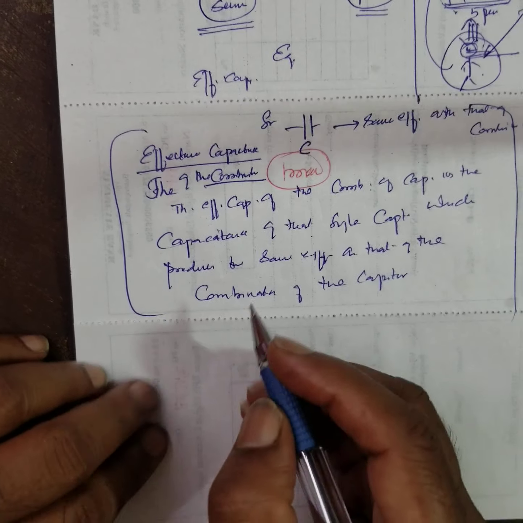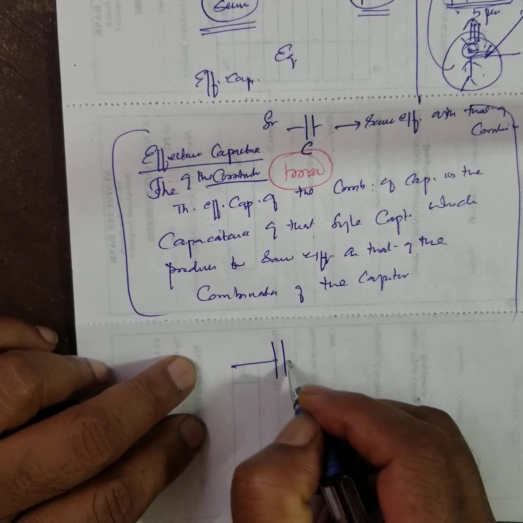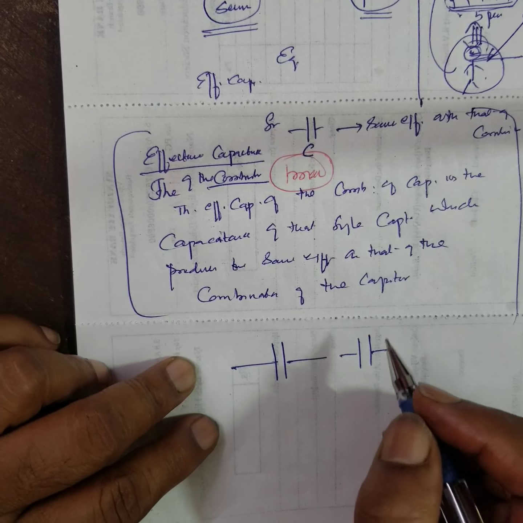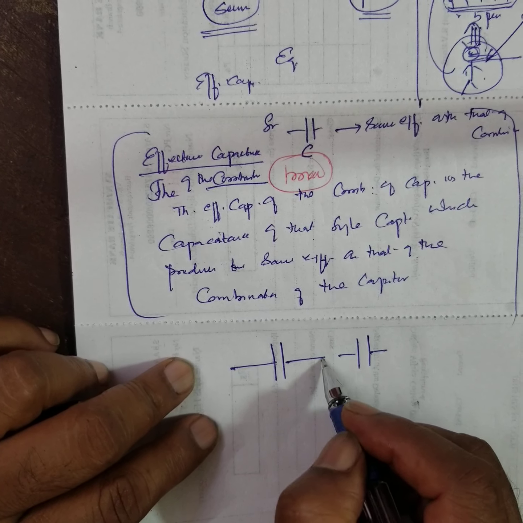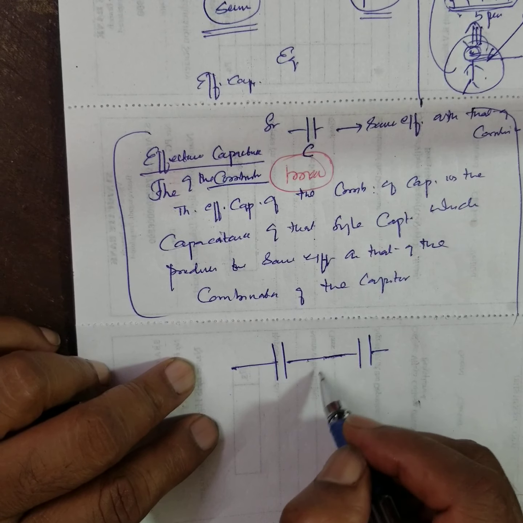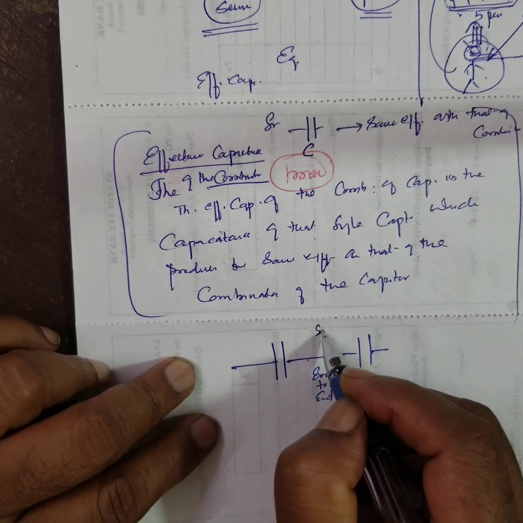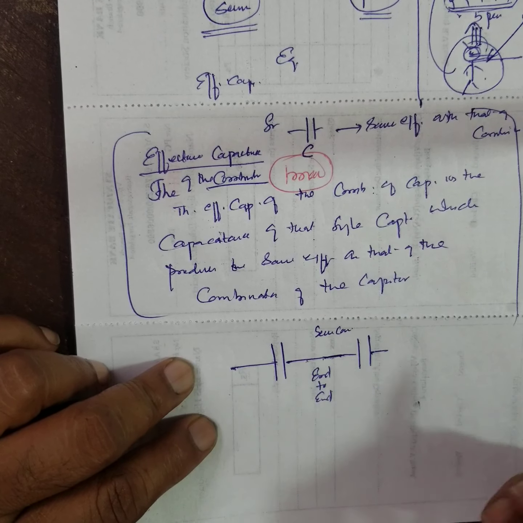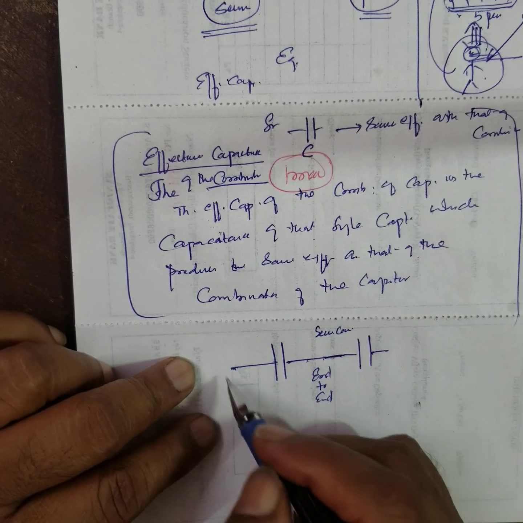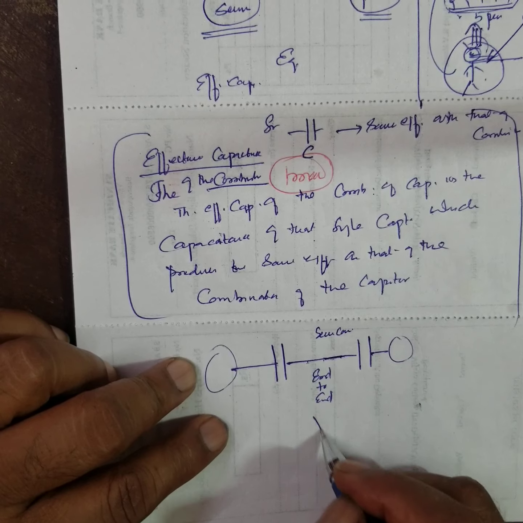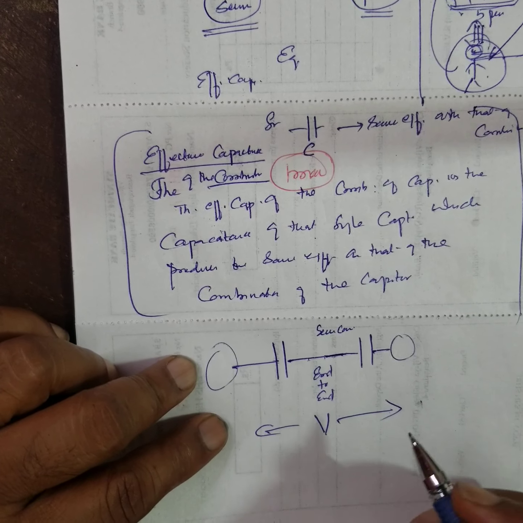Now, what do you mean by series? You take one capacitor, you take another capacitor, 2 capacitors you take. This one end to other end you are connecting, end to end. End to end connection is called series combination. Here this end is free, this end is free. When you apply a potential difference, what happens?